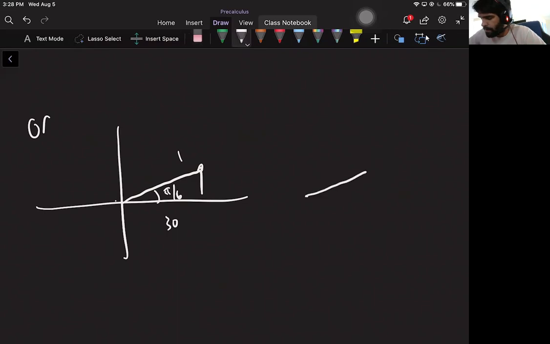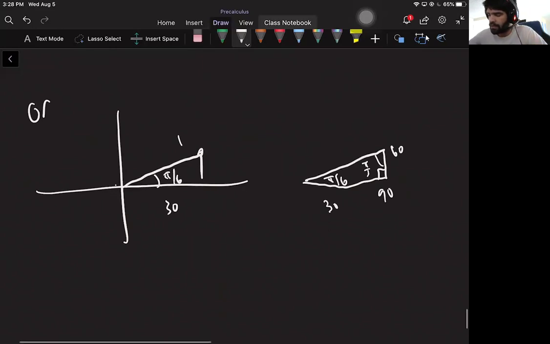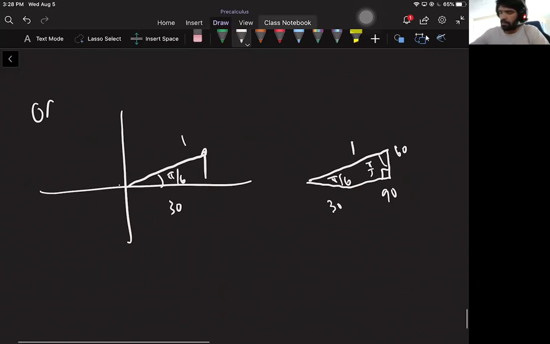Okay, close enough. So pi over 6. If this one's 30 and this one's 90, then to add up to 180, that's 120 already. So this one has to be 60, aka pi over 3. So that's a 30, 60, 90 triangle. Also a very popular triangle.